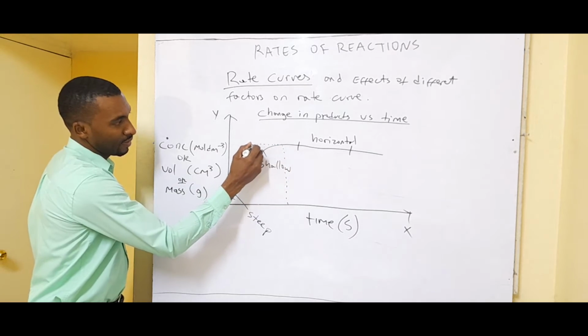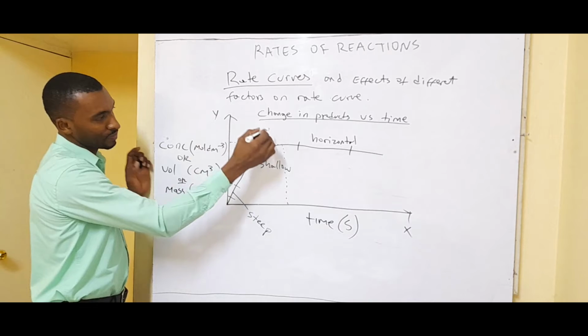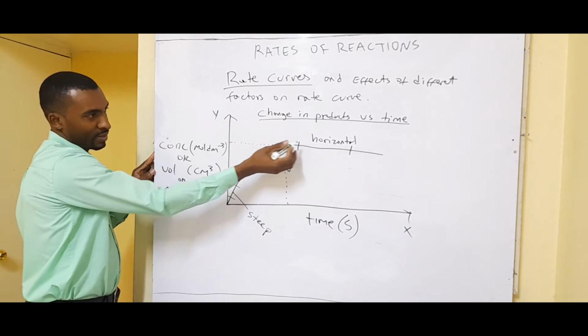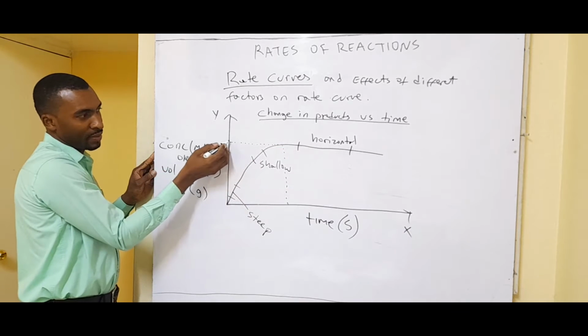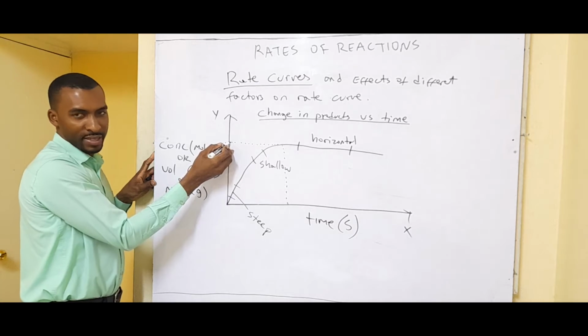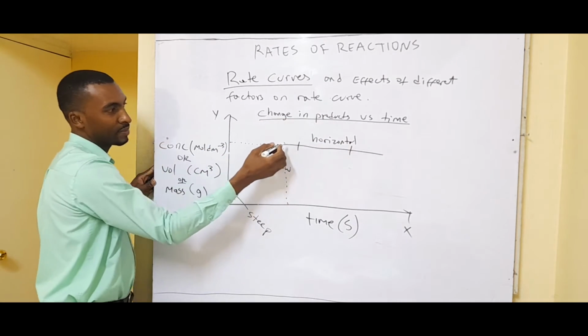And so here, if we should plot a graph in the exam, if we should extrapolate this horizontal line here, we'll either get the volume of gas that is produced, because remember that this is a change in products, right?